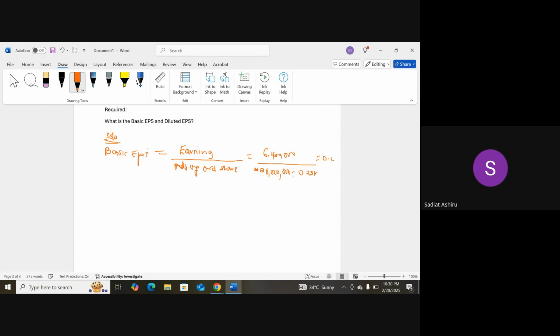It's correct, 0.08 naira. Then we now test for dilution.